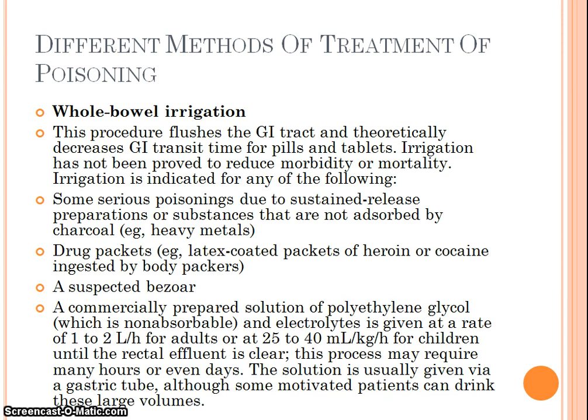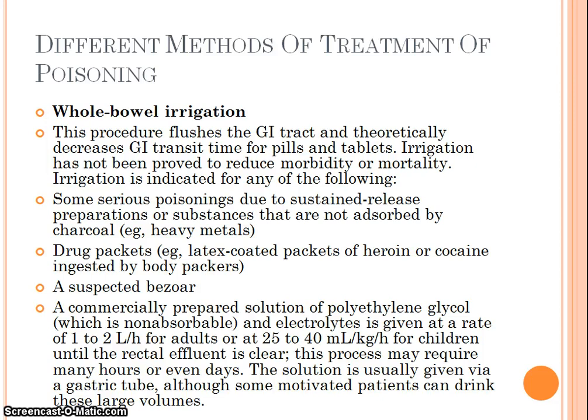Irrigation is indicated for any of the following cases: serious poisoning due to sustained release preparations or substances that are not absorbed by charcoal, for example, heavy metals; drug packets, for example, latex coated packets of heroin or cocaine ingested by body packers; and suspected iron ingestion.